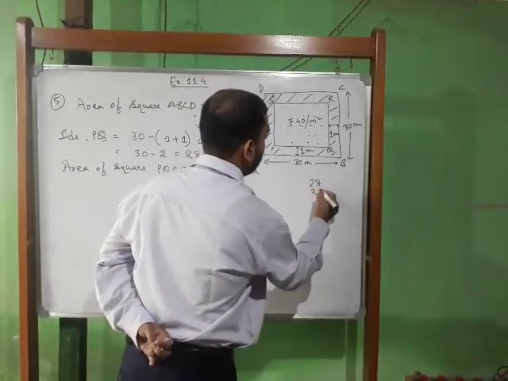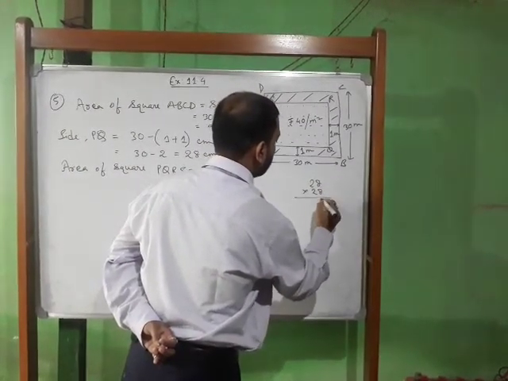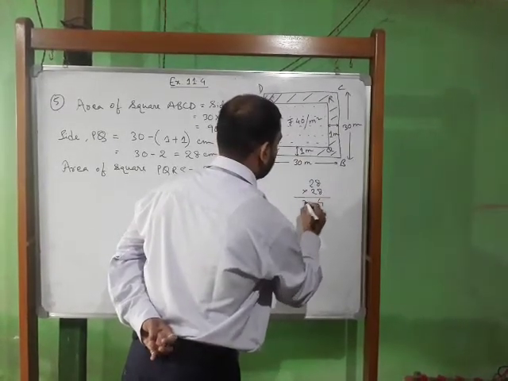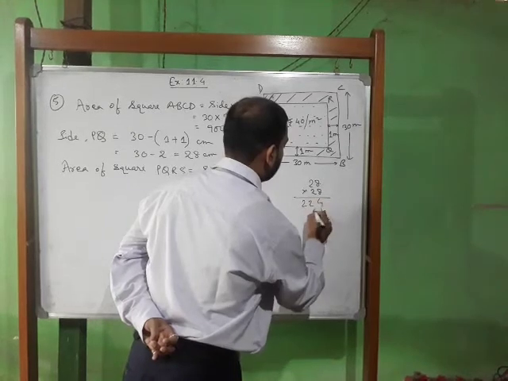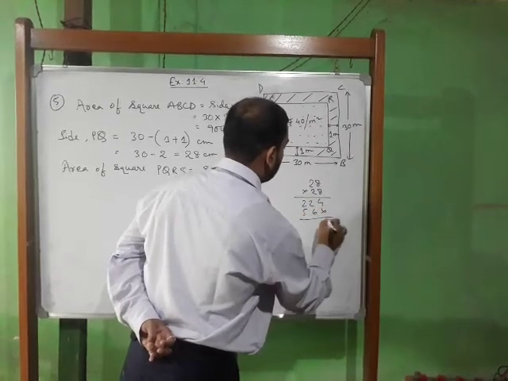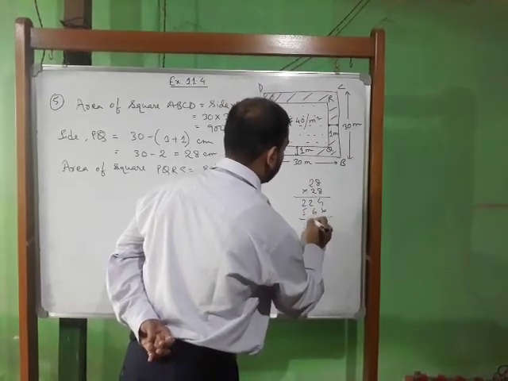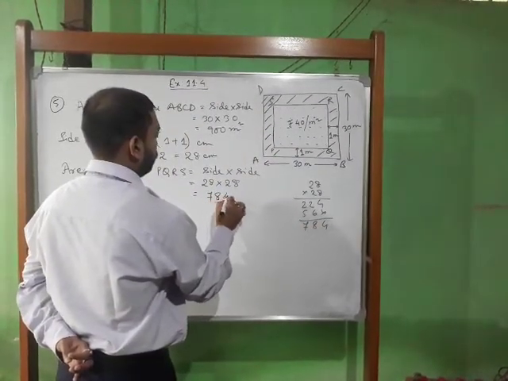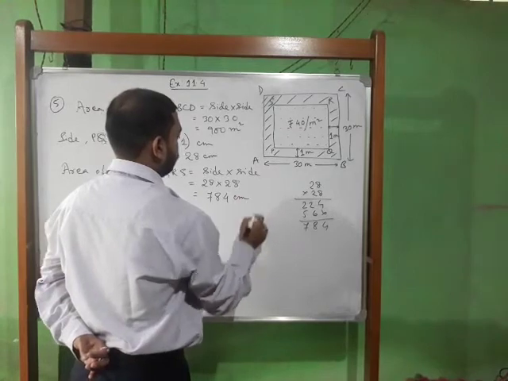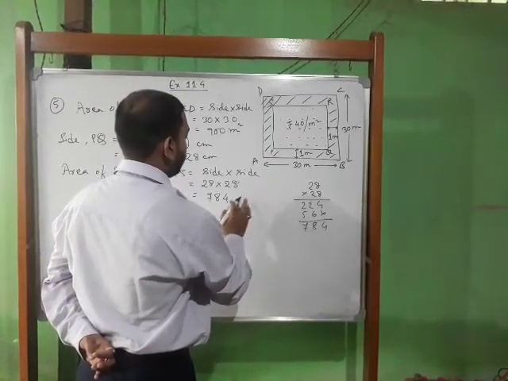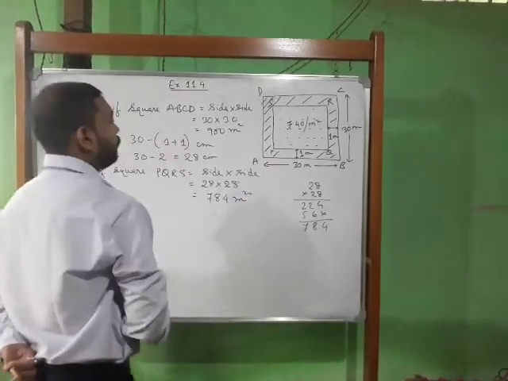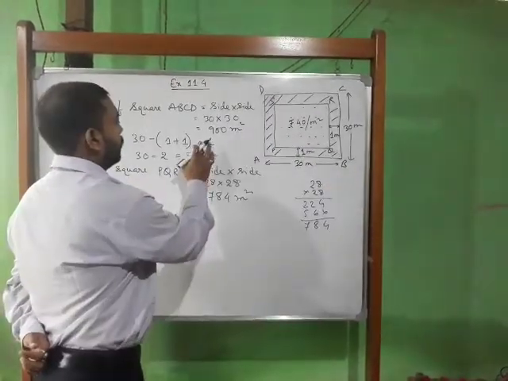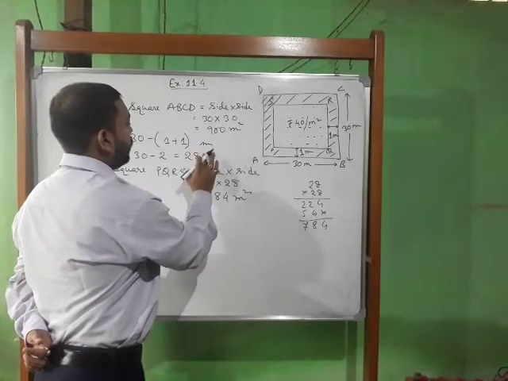Let us multiply. It is 784 meter square.